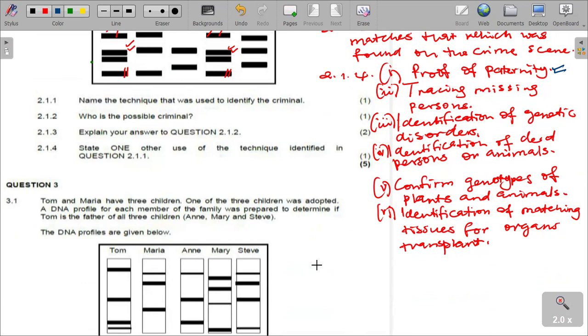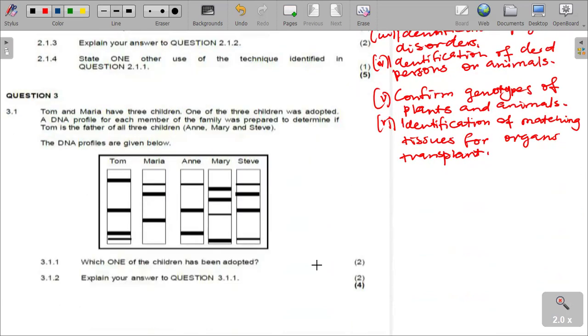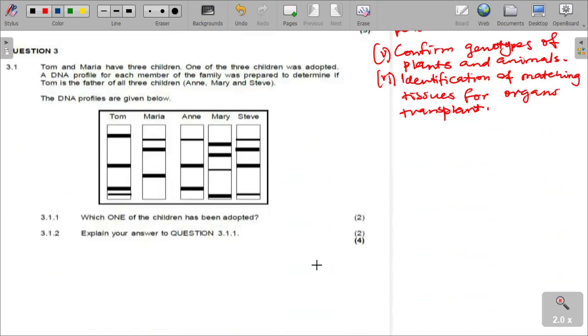The DNA profiles are given below. The question reads: which one of the children has been adopted?